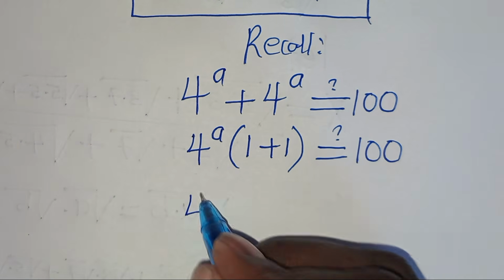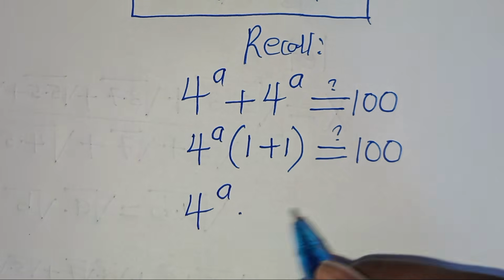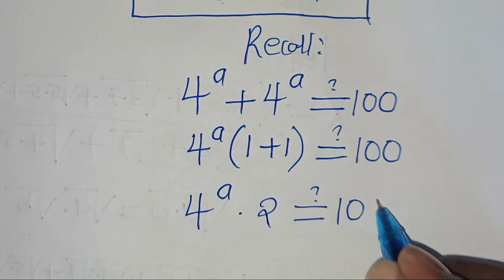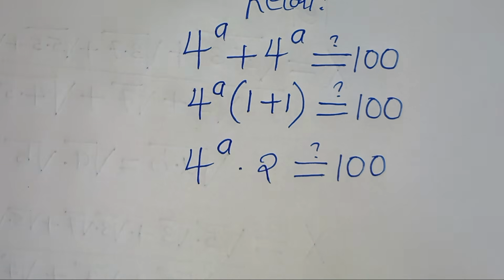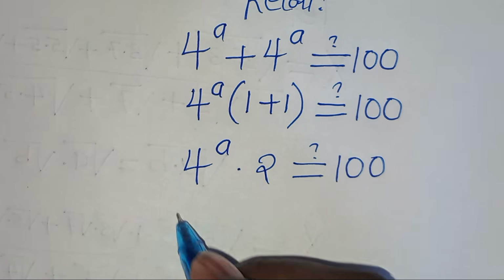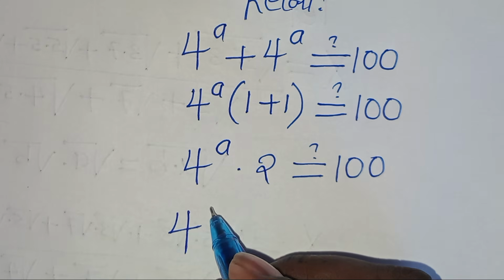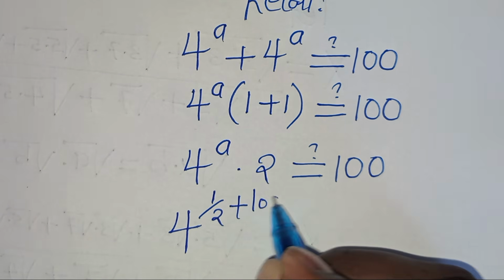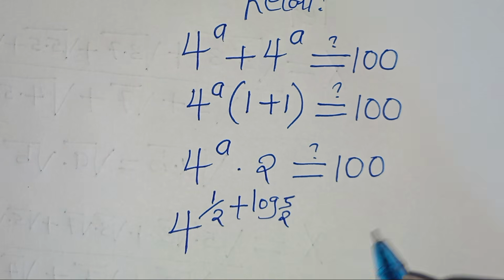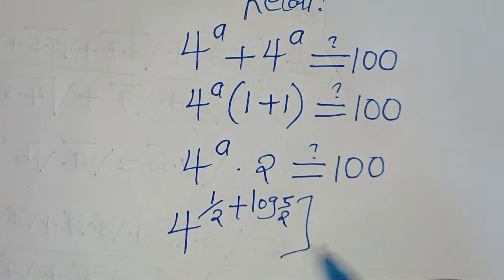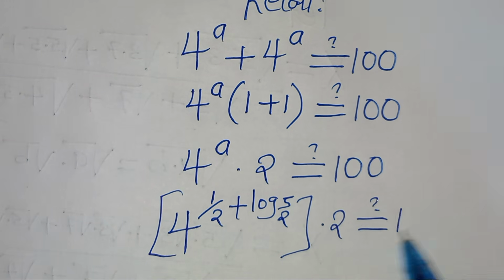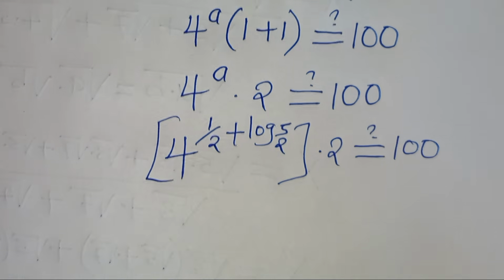So this is 4 raised to the power of a multiplied by 2. This should give us a value of 100. So let's substitute the value of a. We have 2 raised to the power of a half plus log 5 to base 2. Everything here multiplied by 2. This should give us a value of 100.